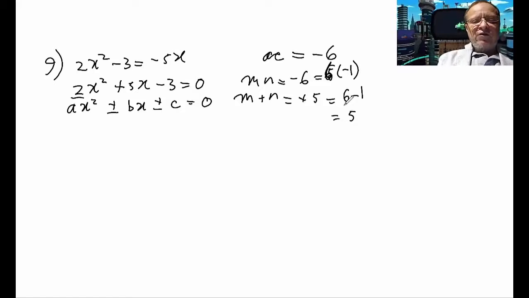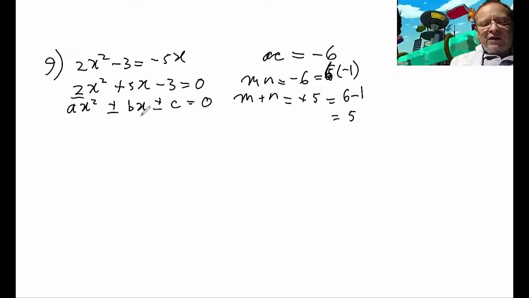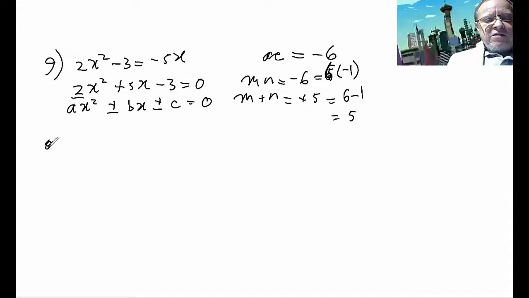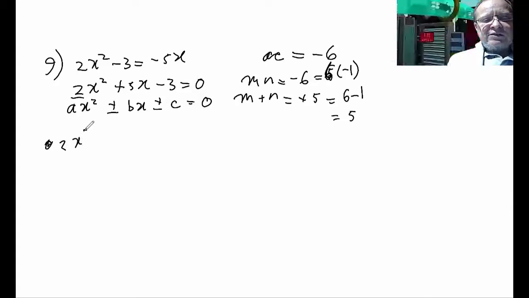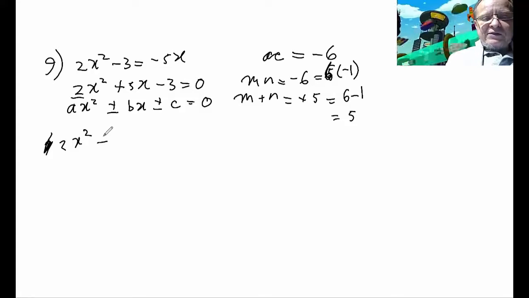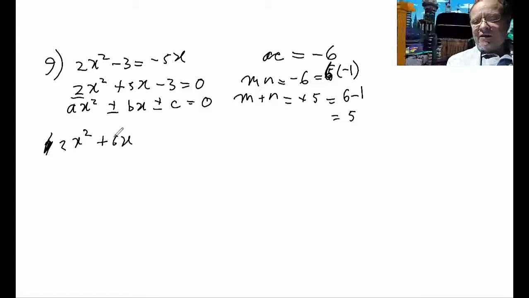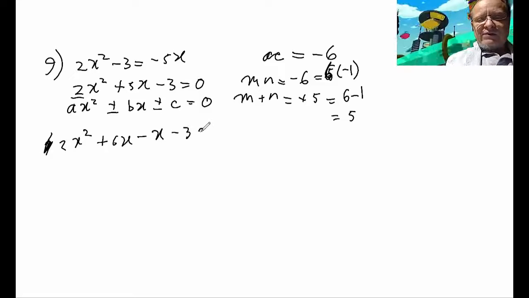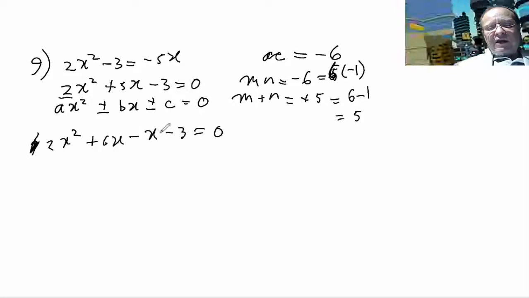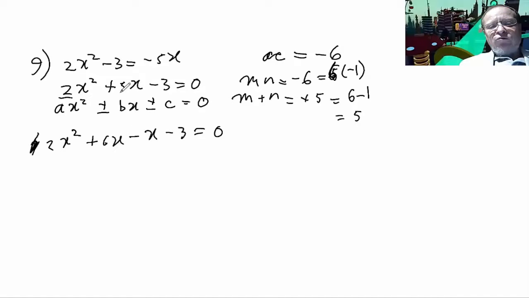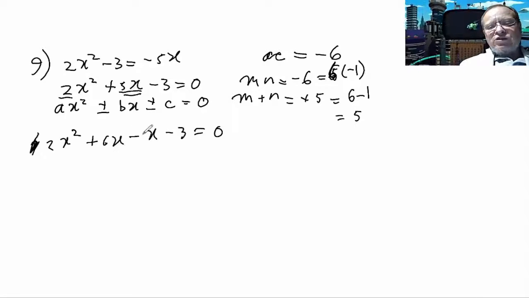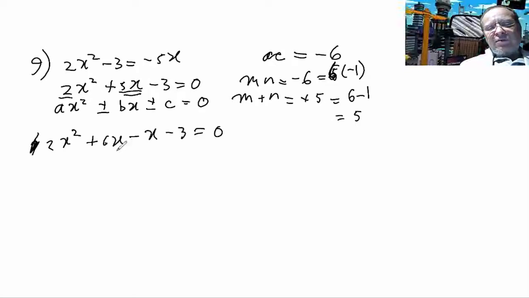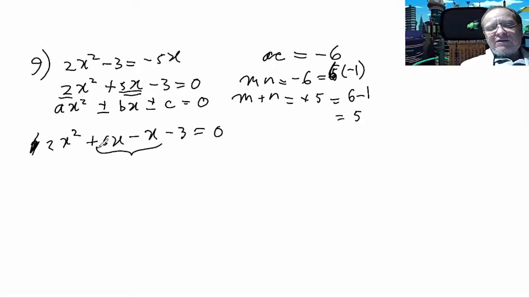So it turns out that I can break the b into two parts, so I can get 2x squared plus 6x minus x minus 3 is equal to 0. Notice how all I'm doing is rewriting the middle term. I'm actually working out factoring backwards. I'm rewriting the middle term this way.